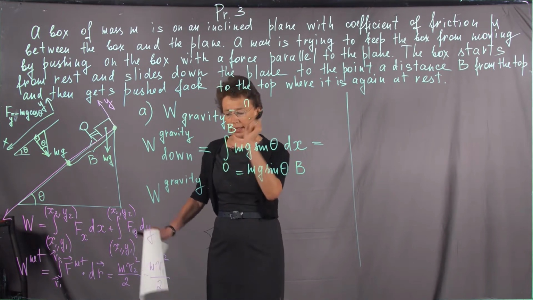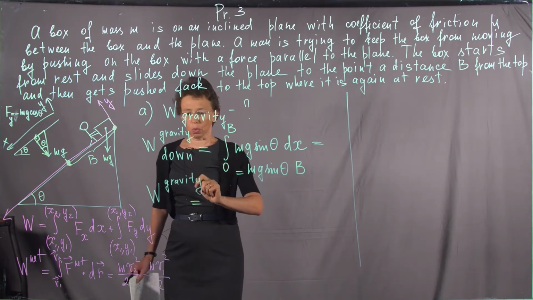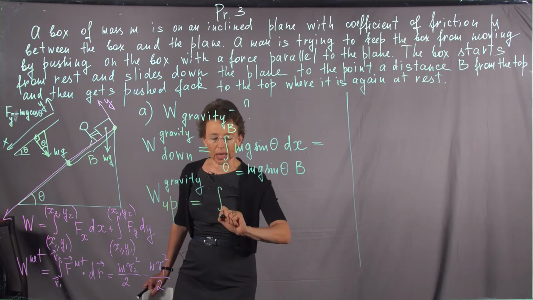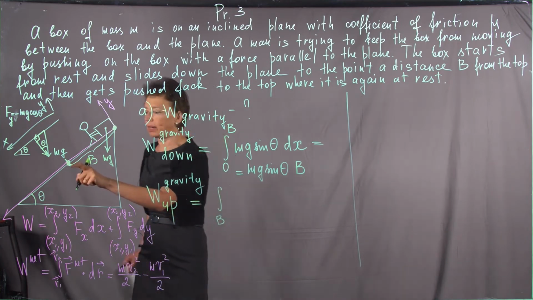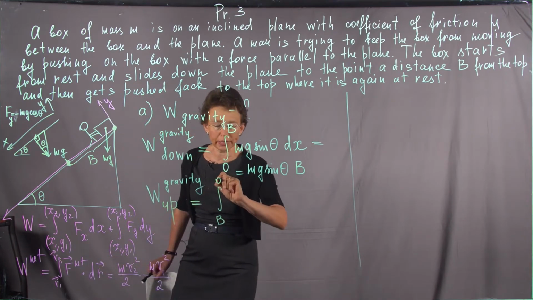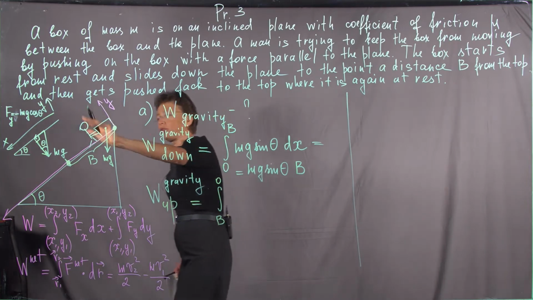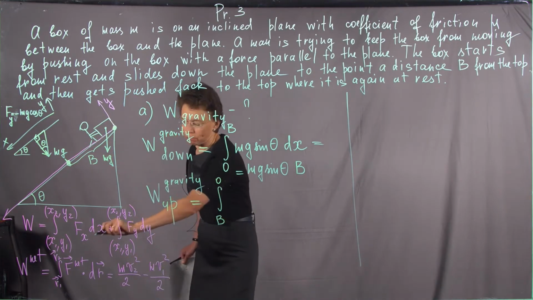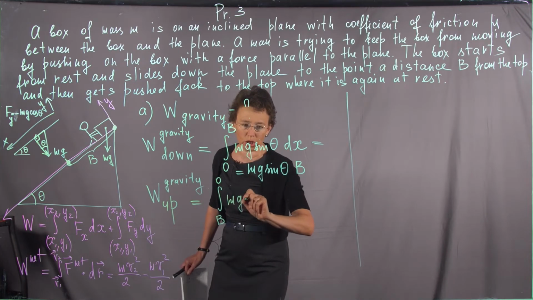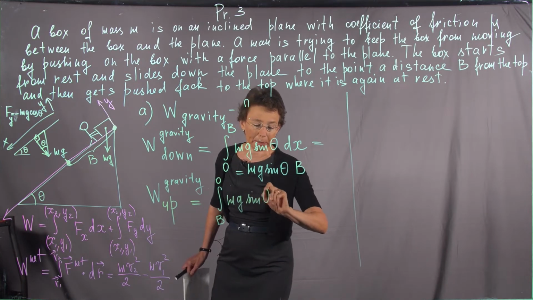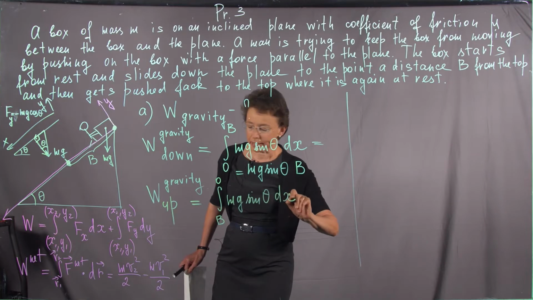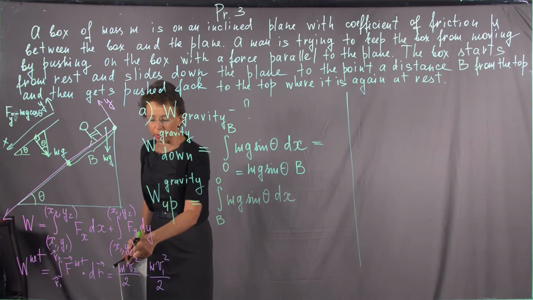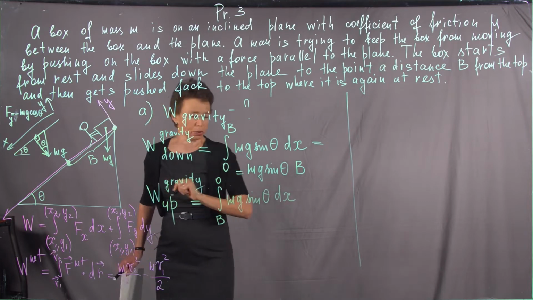Great. Now on the way up, where do we start now? Now we start at b and we go up to 0. I use the same coordinate system. Projection of mg is positive, mg sine theta dx. Second integral Fy dy will give me 0 again because y1 is 0, y2 is 0.